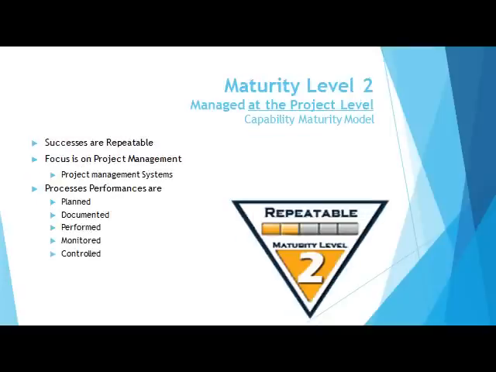At the second maturity level, also known as the repeatable level, an organization is able to reproduce past successes through the proper documentation of successful operations. Though process successes aren't repeatable for all products and processes for an organization, this is a good start. Organizational discipline helps ensure successful projects are not abandoned when issues arise.